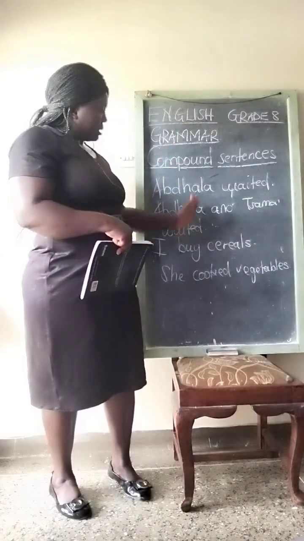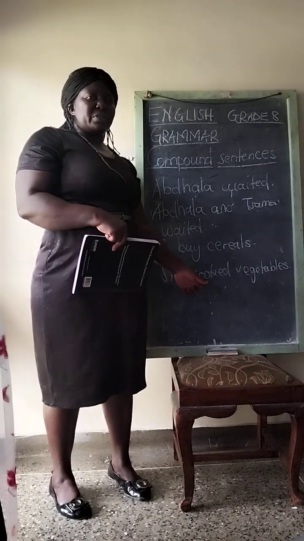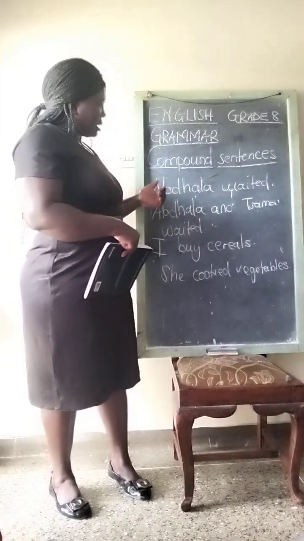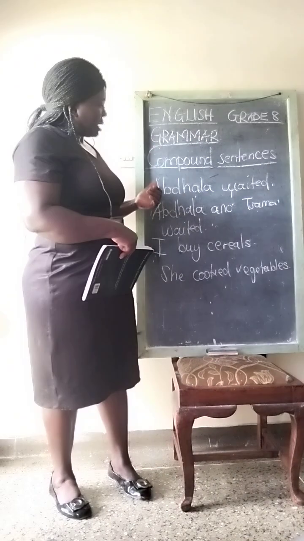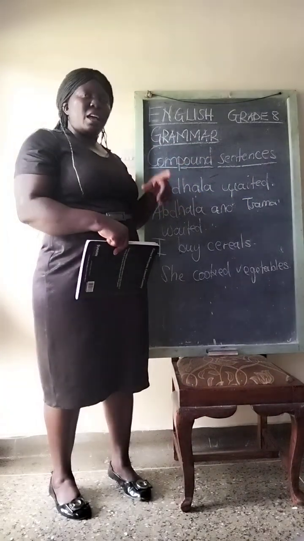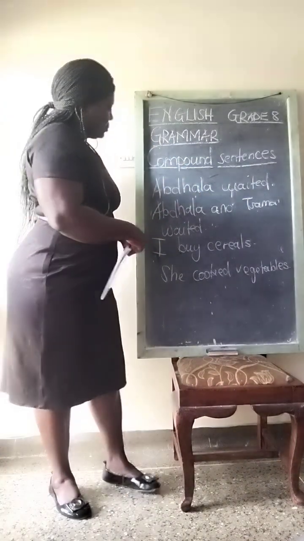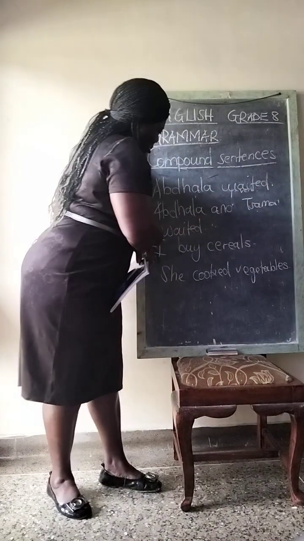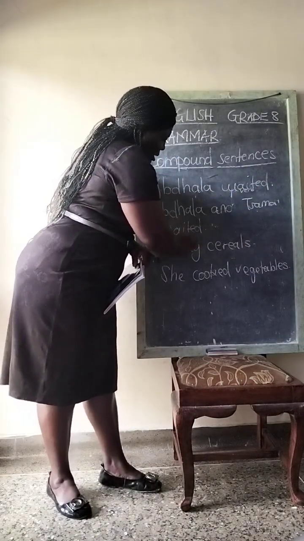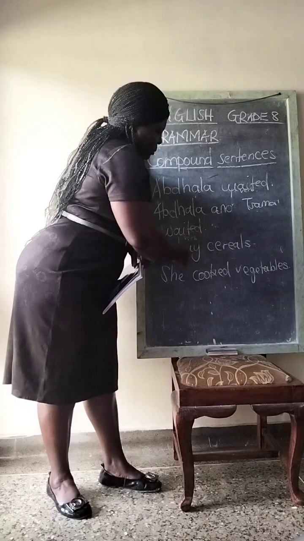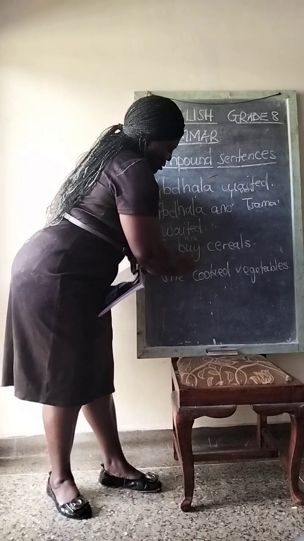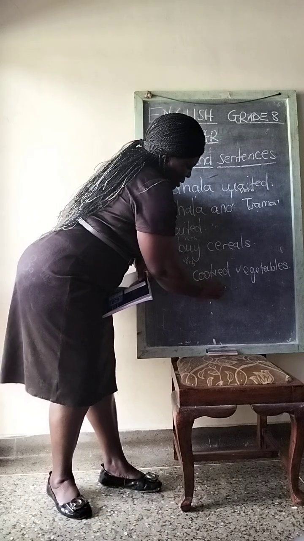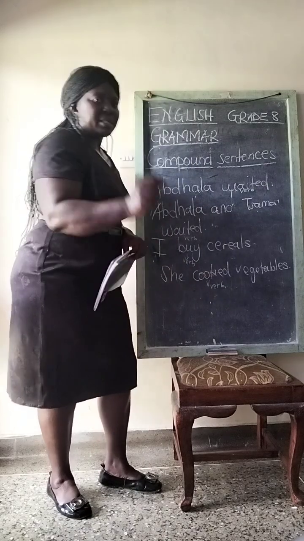When you look at the sentences I've given here as examples of simple sentences, you should note that all of these sentences have one verb. Abdallah waited, verb. Abdallah and Sama waited, one verb. I buy cereals, verb, one. She cooked vegetables, verb. So in simple sentences, the verb is one.